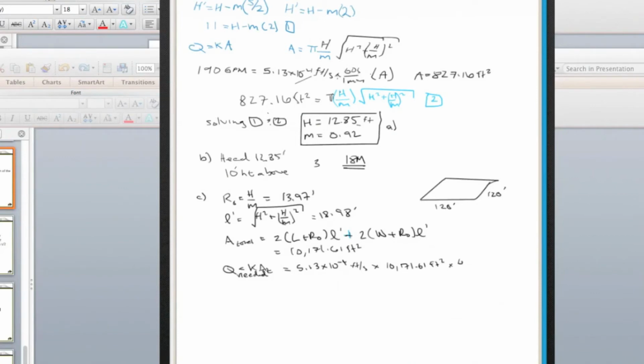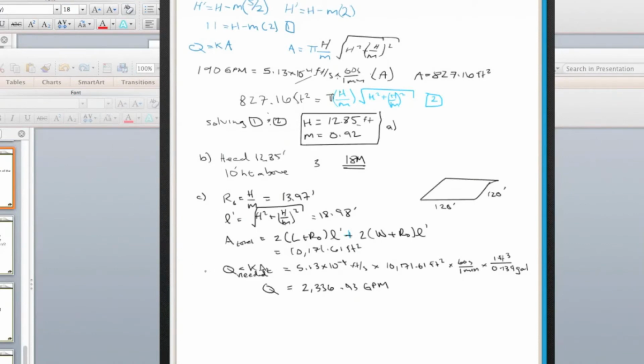So we'll use 60 seconds, 1 minute, and 1 cubic foot is equal to 0.134 gallons. Doing all that conversion, we end up with a Q needed of 2,336.43 GPM. So there's part C.